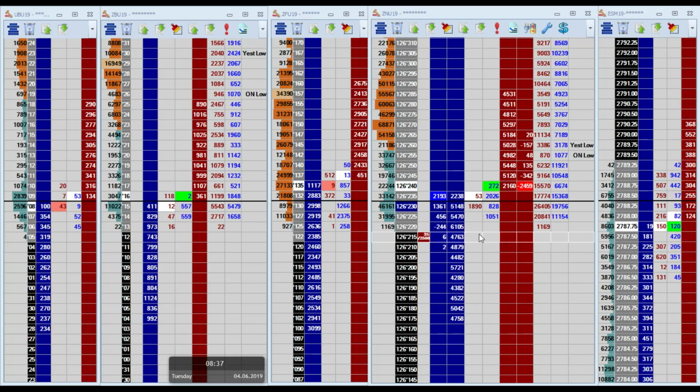So ideally, what we want to see is pop this level like I discussed previously, and then we can just start filling in this profile for the rest of the day. And that's the sort of environment that I like to trade in the best. Just got to get through this level here.